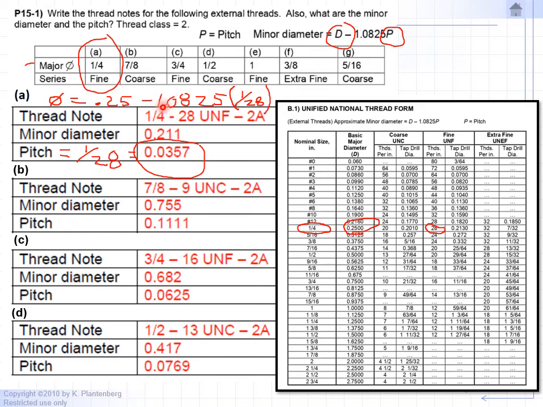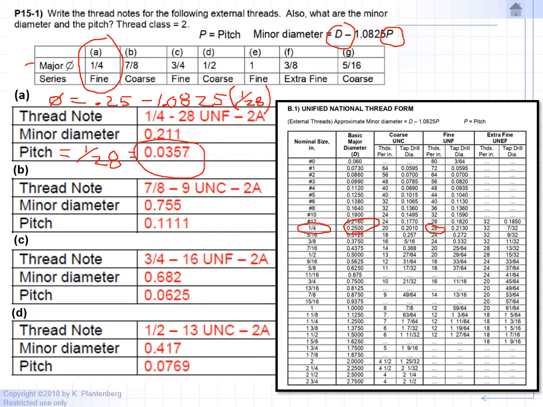You're going to take 1.0825, multiply it times 1/28 or 0.0357, and whatever number you get there, you're going to subtract it from 0.25, and we end up with 0.211.